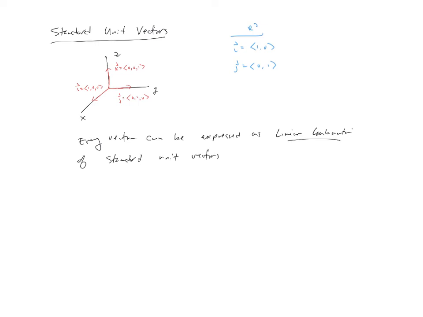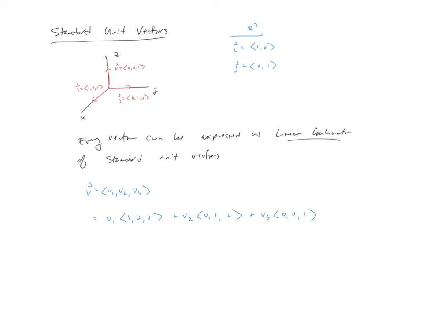And so if we take a vector, let's say we take vector v equaling v1, v2, v3. If I expand this out, this could be the same thing as v1 times 1, 0, 0 plus v2 times 0, 1, 0 plus v3 times 0, 0, 1.